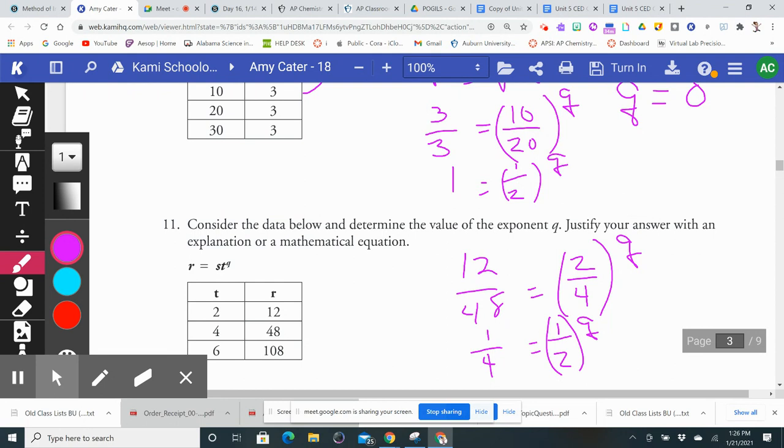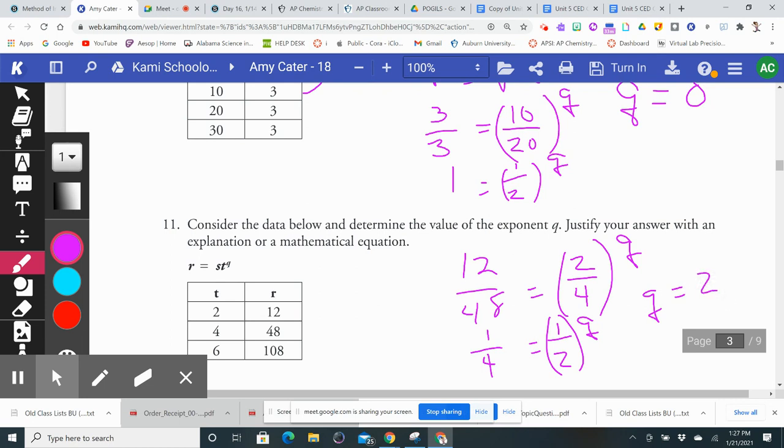So you got 1/2 to the Q power equals 1/4. What does Q have to be? 1/2 to the what power? Second power. 1/2 squared is 1/4, right? Which is 1/2 times 1/2, which is 1/4. So that would show us then that Q has to be equal to 2.